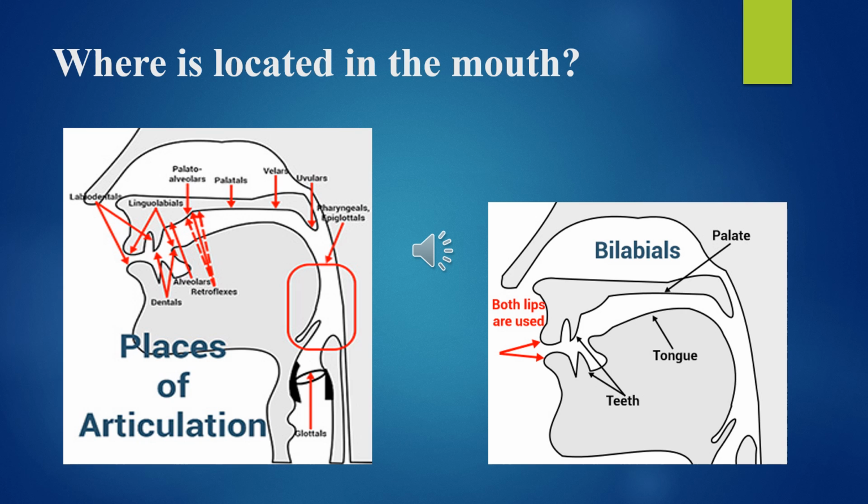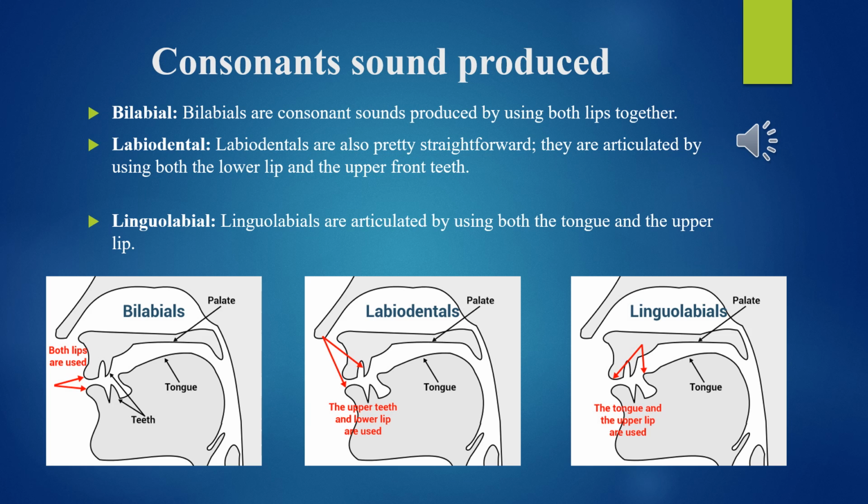To begin with, I'll talk about bilabials. Bilabials are consonant sounds produced by using both lips together, as we can appreciate in the first image. Labiodentals are also pretty straightforward.